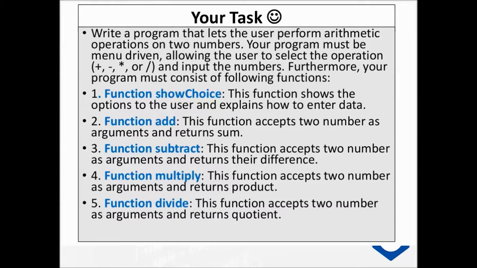This function accepts two numbers as arguments and returns their difference. Fourth function is for multiplication, this function accepts two numbers as arguments and returns the product. Fifth function is divide. This function accepts two numbers as arguments and returns their quotient.